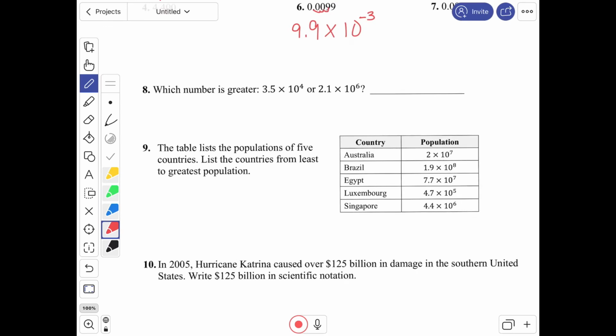Number 9 says the table lists the populations of 5 countries. List the countries from least to greatest. So we want the littlest. And this kind of goes with 8. If they have a smaller exponent like that one right there, that means that they're going to be a smaller number.